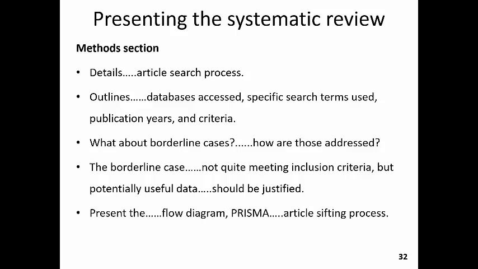The flow diagram, as illustrated earlier in this unit through the PRISMA approach, must be included in the methods section, and that basically provides a graphic of the article sifting process. The two necessary elements in the results section are the data extraction table and the forest plots.